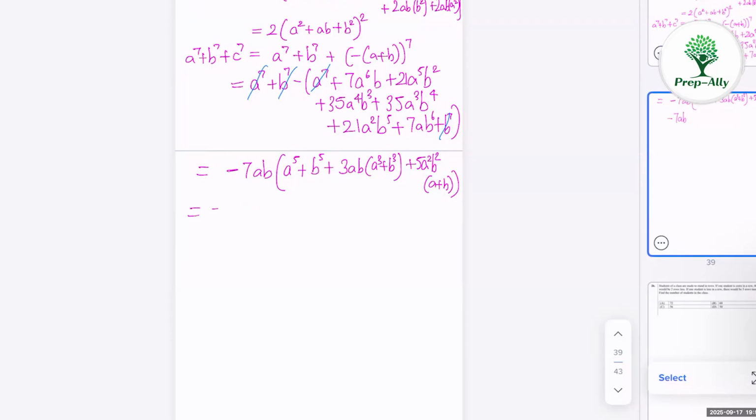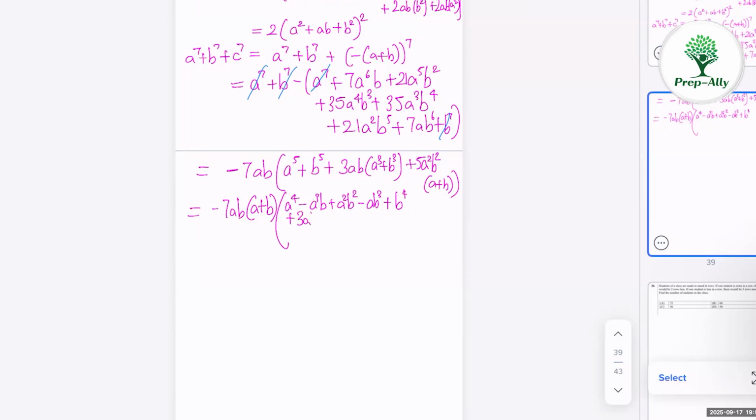So you have equal to negative 7ab into a plus b into a power 4 minus a cube b plus a square b square minus ab cube plus b power 4, right?